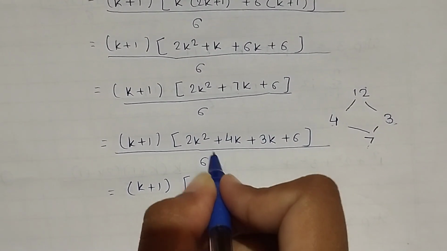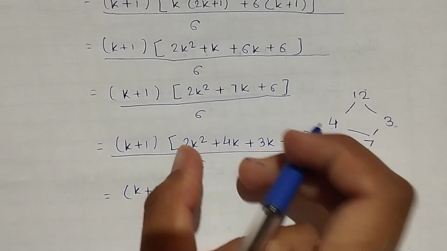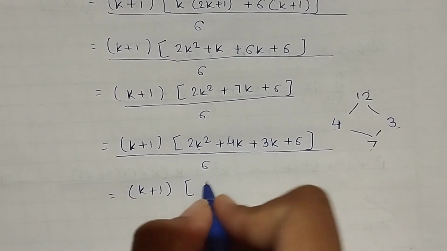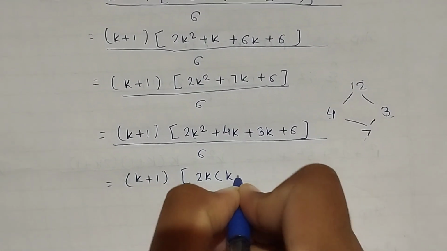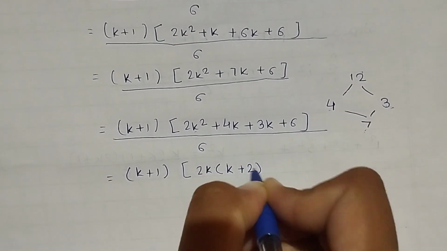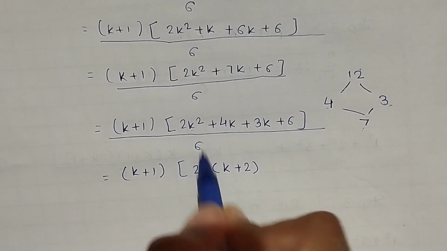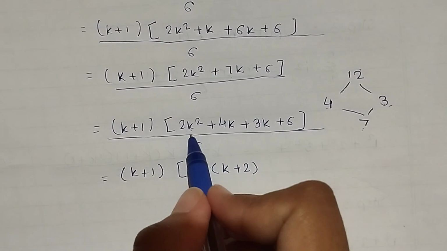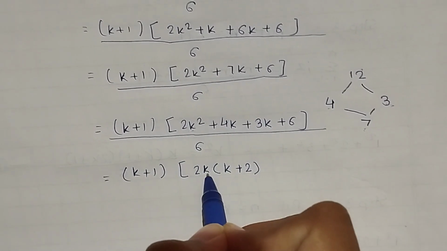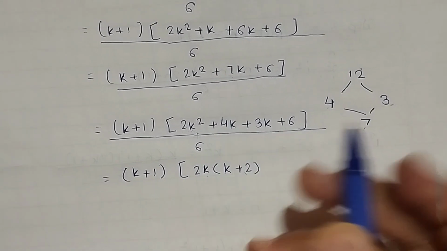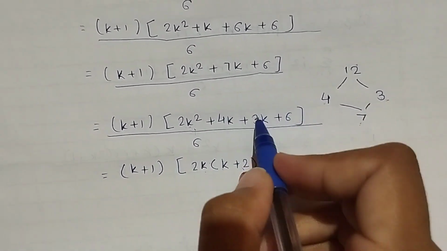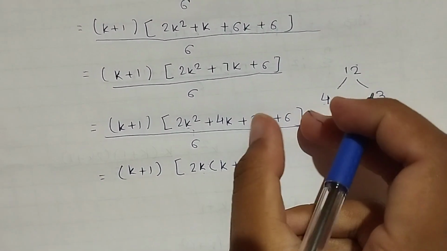So k plus 1, now we put 2k common from these two terms. So 2k, and in the bracket k plus 2, because 2k comes outside, then 2k into k is 2k square, and 2k into 2 is 4k. Plus we put 3 common from these two terms.